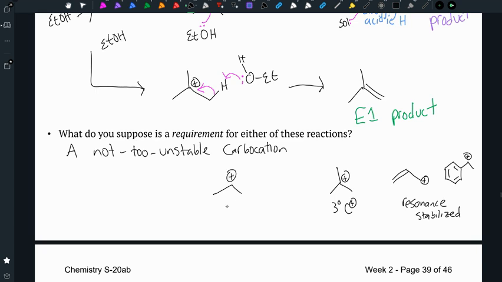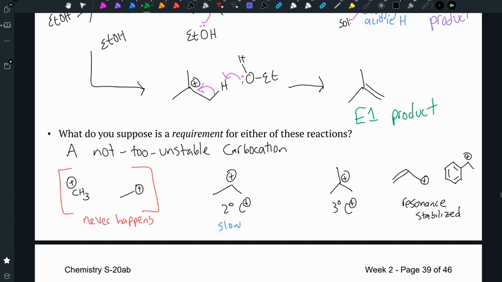Secondary would be okay. Primary or methyl, pretty much never. So these would never happen. Secondary, that's going to be slow.